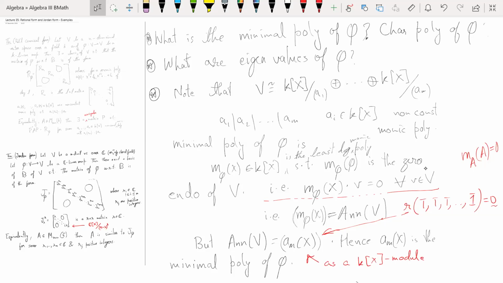I don't know how one would compute them, other than finding an algorithm to compute the rational form using row and column operations.